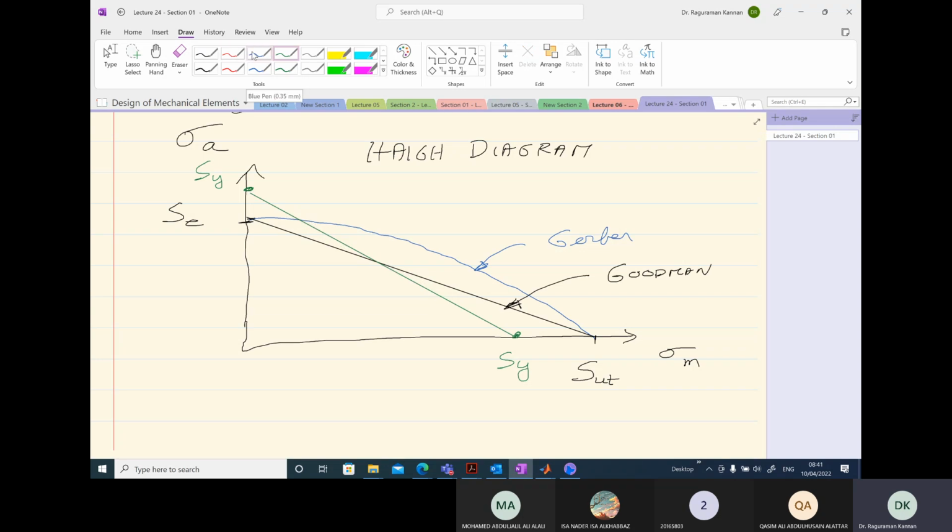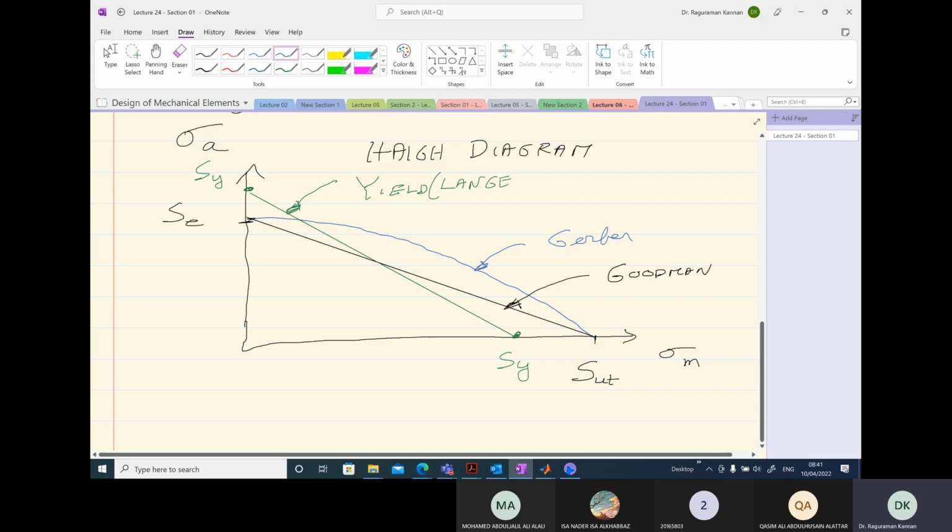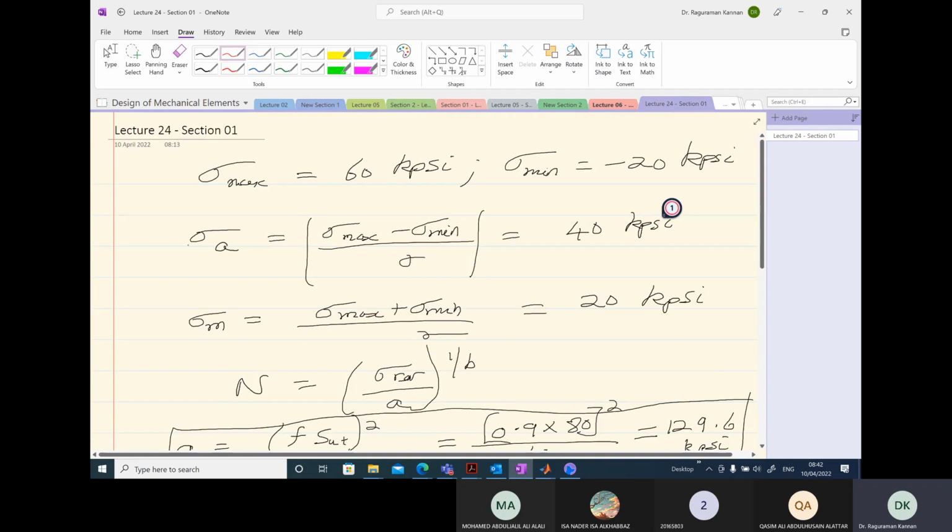So we have in green the yield line, or Langer line. Now here we have a couple of intersection points, but before we go there, first we need to figure out where our point of interest is. We have figured out sigma A and sigma M, 40 and 20 kpsi.